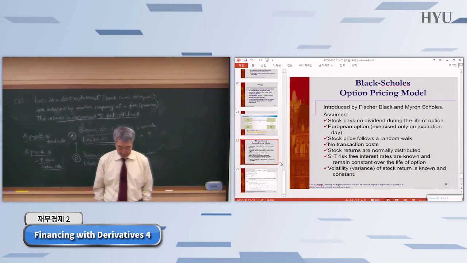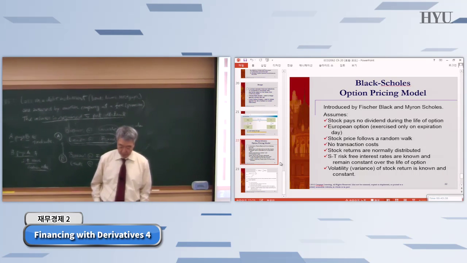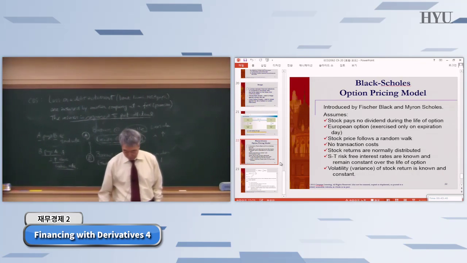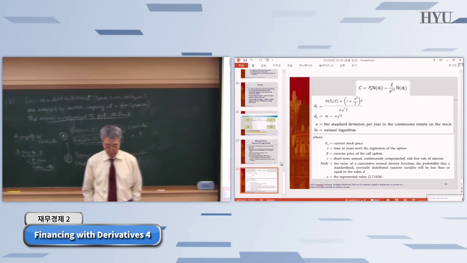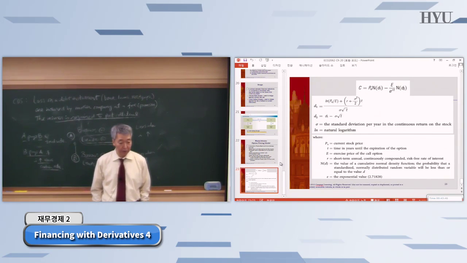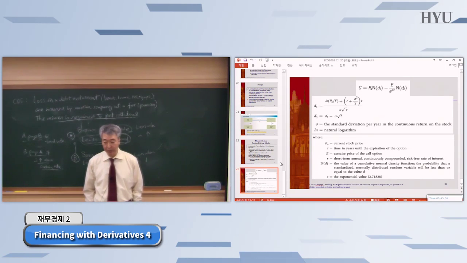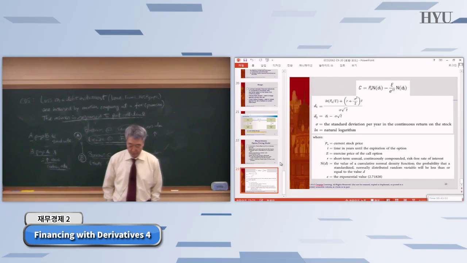Volatility or variance of stock return is known and constant. So under these assumptions, you can use this formula. By the way, this is in your textbook, as an appendix to chapter 20, right?